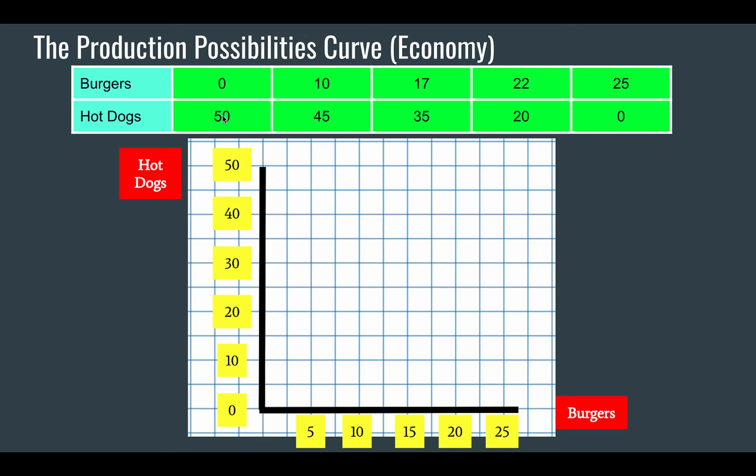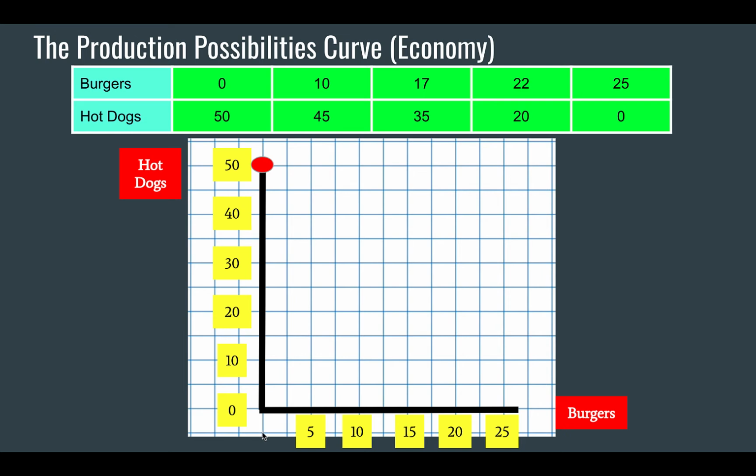Well, this table says that given our state of technology is fixed over a certain period of time, let's say a year, given all of our factors of production were devoted to the production of hot dogs, then we would produce 50 hot dogs and 0 burgers. Now, I believe that is that point there, and I think I am correct. So we've got 50 hot dogs, but 0 hamburgers.